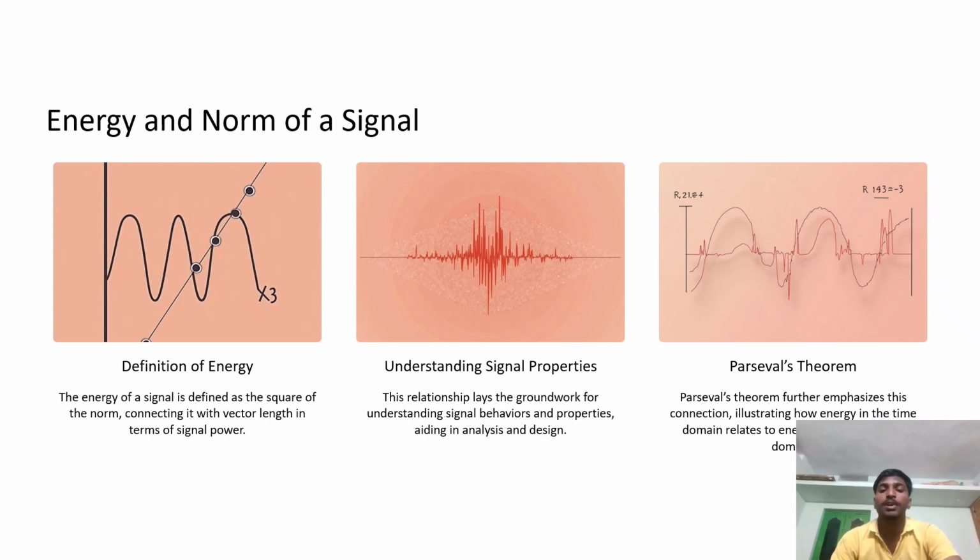This relationship lays the groundwork for understanding signal behaviors and properties, aiding in analysis and design. Parseval's theorem further enhances this connection, showing how energy in the time domain relates to the energy in the frequency domain.